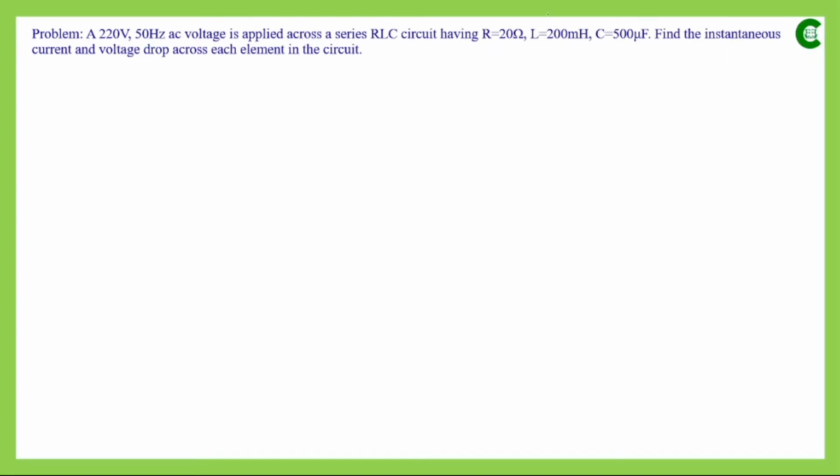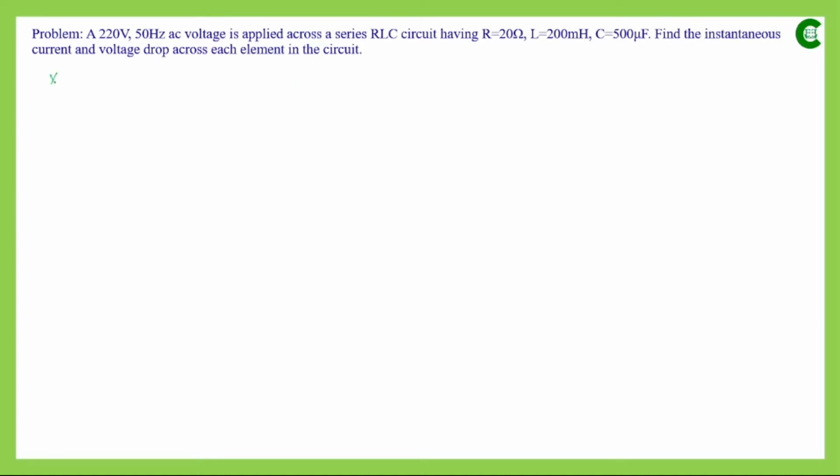Based on these values, we have to obtain the expression of instantaneous current and also the voltage drop across each element, meaning i, VR, VL and VC. Let's start with first i.